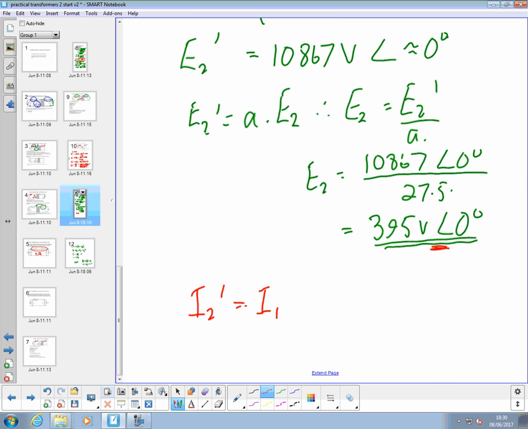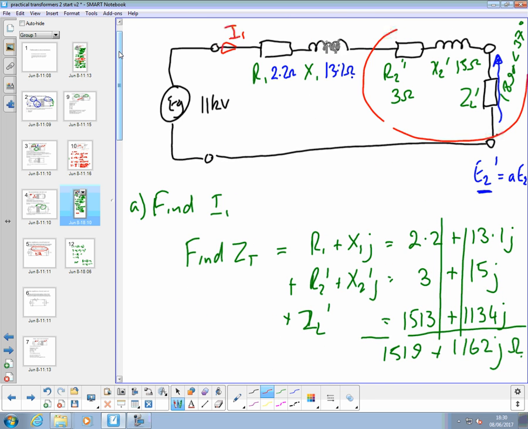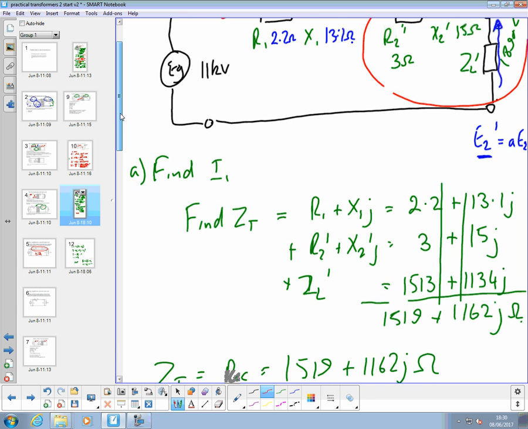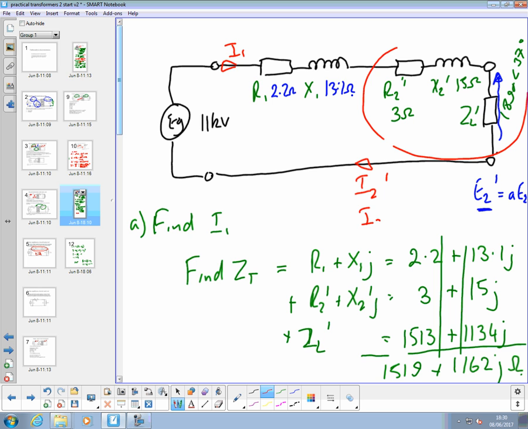It wouldn't matter, we should get the same answer both ways. So in an exam question, you could take the current I1 we calculated earlier, say that's also equal to I2 dash, and I2 dash is equal to I2 divided by A, change that formula round and get the answer.